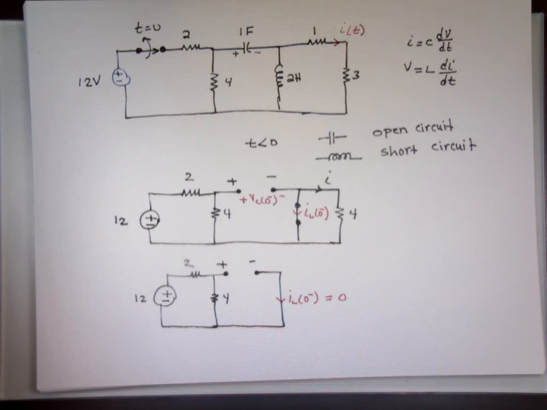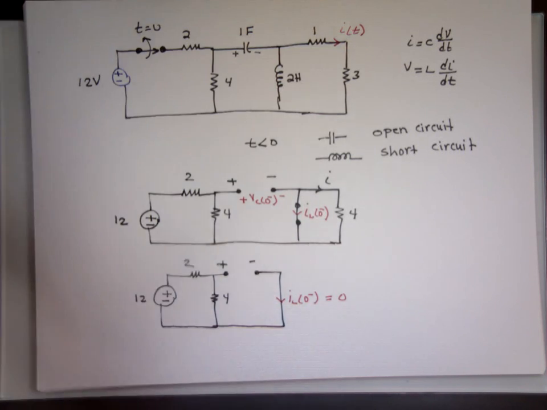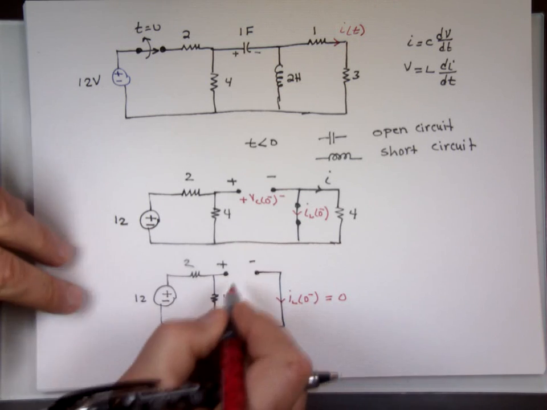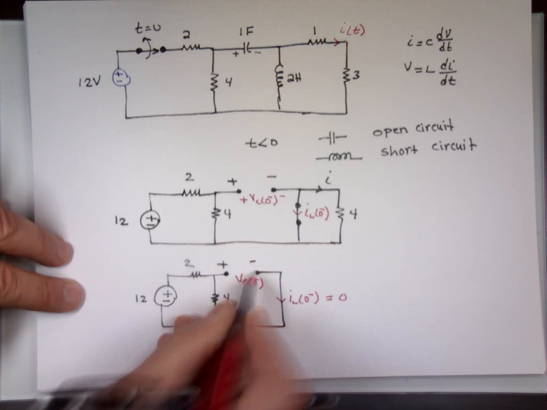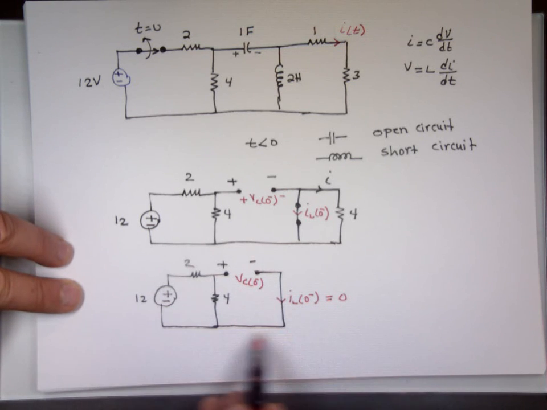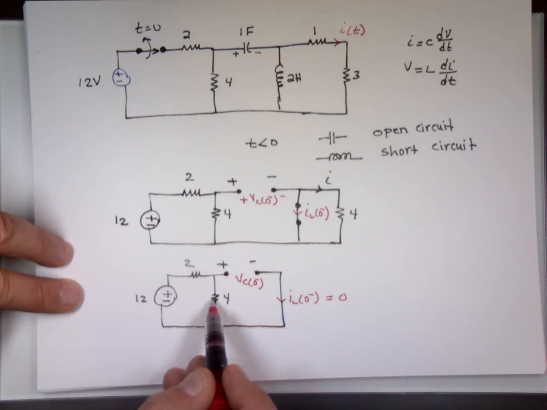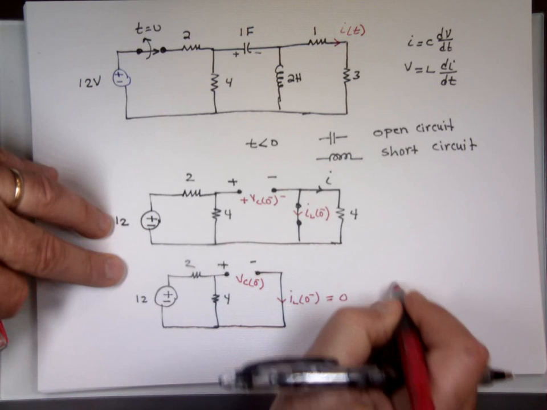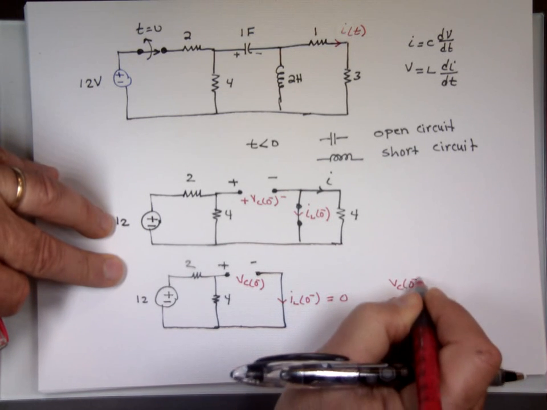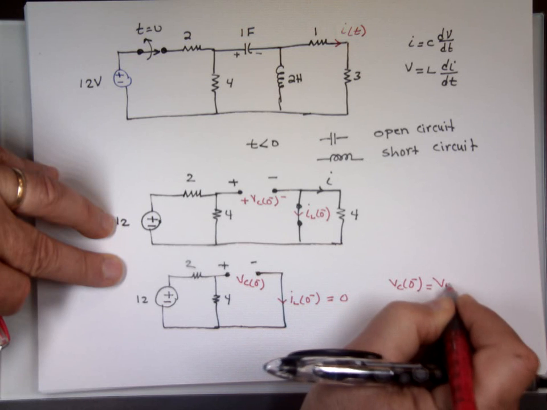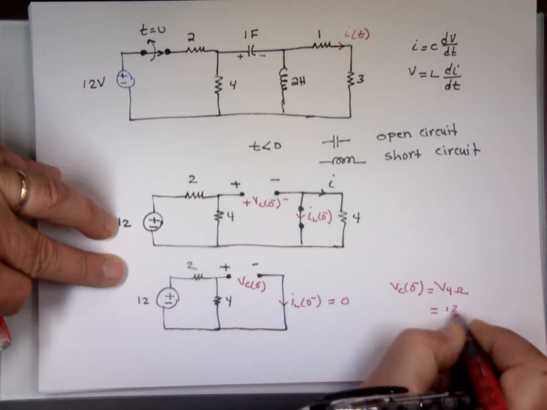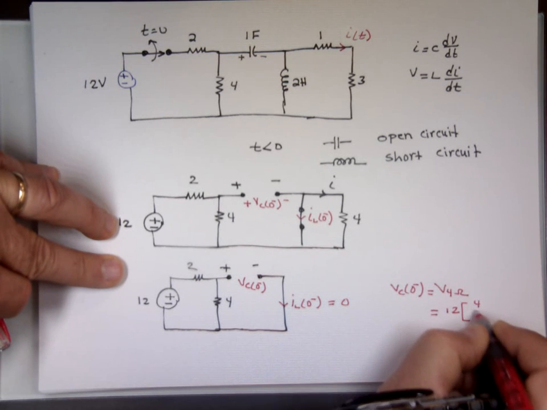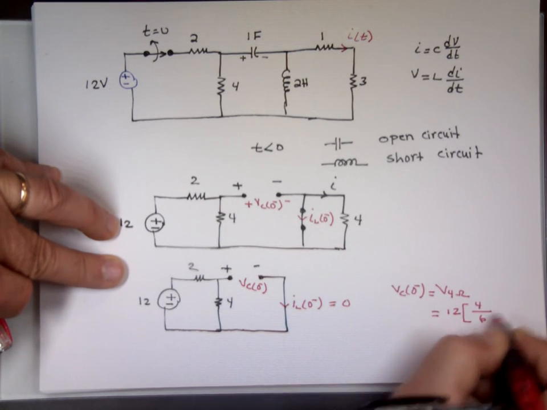And what's the voltage v_C at 0 minus? Nope, not 0. This is v_C at 0 minus. It's between this end and that end. And where is that attached to? Right here. So that's the same as the voltage across the 4 ohm resistor. v_C at 0 minus is going to be the voltage across the 4 ohm resistor, which by voltage division is 12 times 4 over the sum of them, 4 plus 2, which is 6.